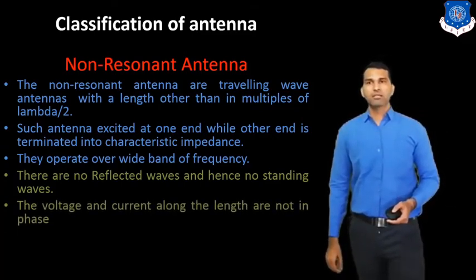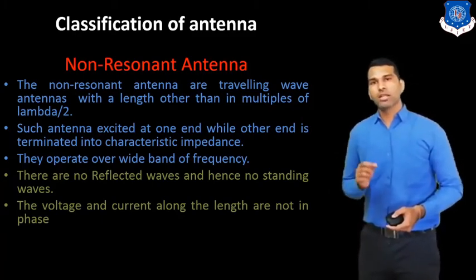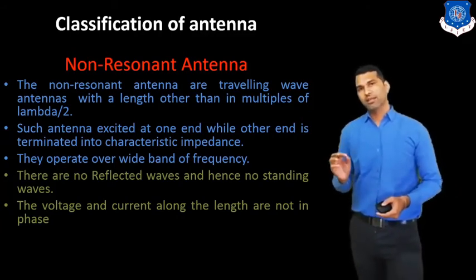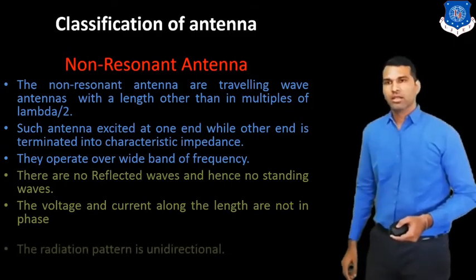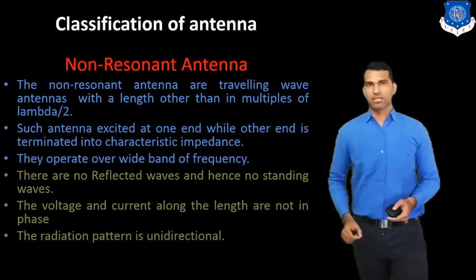Now next one is that the voltage and current along the line are not in phase. So here the voltage and current of this antenna are not in phase. Now next one is that the radiation pattern is unidirectional.